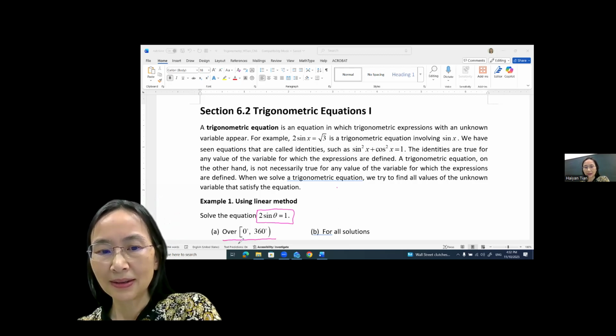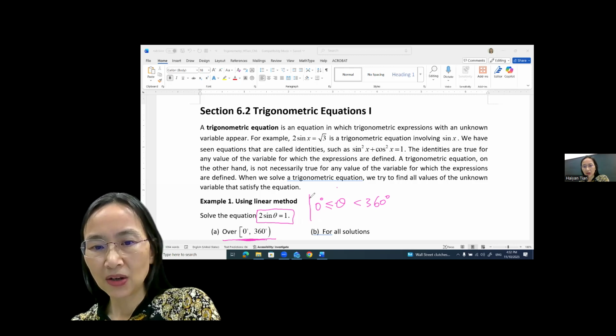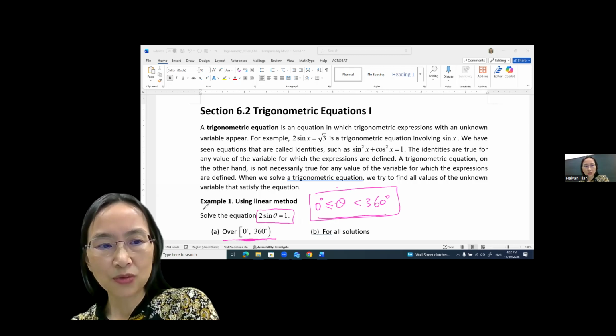That is, look for all the theta that are greater than or equal to 0 degrees but less than 360 degrees. Can we find all those angles in this range such that 2 sine theta is 1?